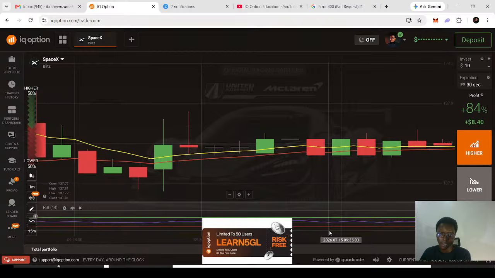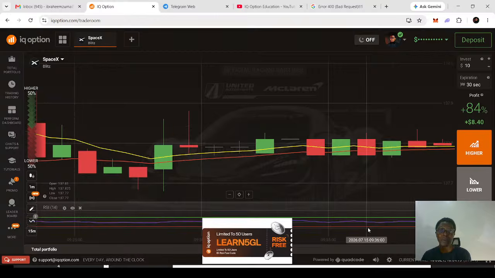When they cross the upper green line, that means the chart is now in the overbought zone, and the buyers are already exhausted, and the market is going to reverse. The momentum is going to shift from bullish to bearish. And when it crosses the red line below 30, that is oversold.